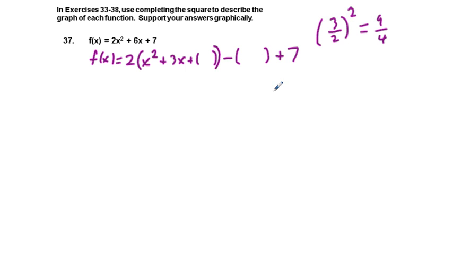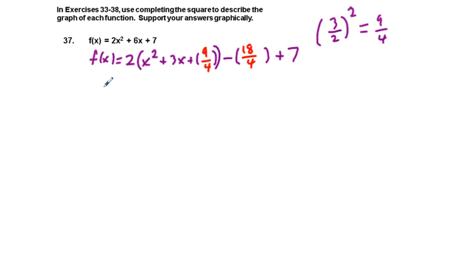So 9/4 is what we're going to need to add. So just doing that, I'm going to say plus 9/4. Now we added 9/4 here. We're going to have to subtract. Now remember, it's really 18/4 because it's going to be distributed by 2. So over here we're going to have to subtract 18 over 4. Okay, I hope that makes sense.